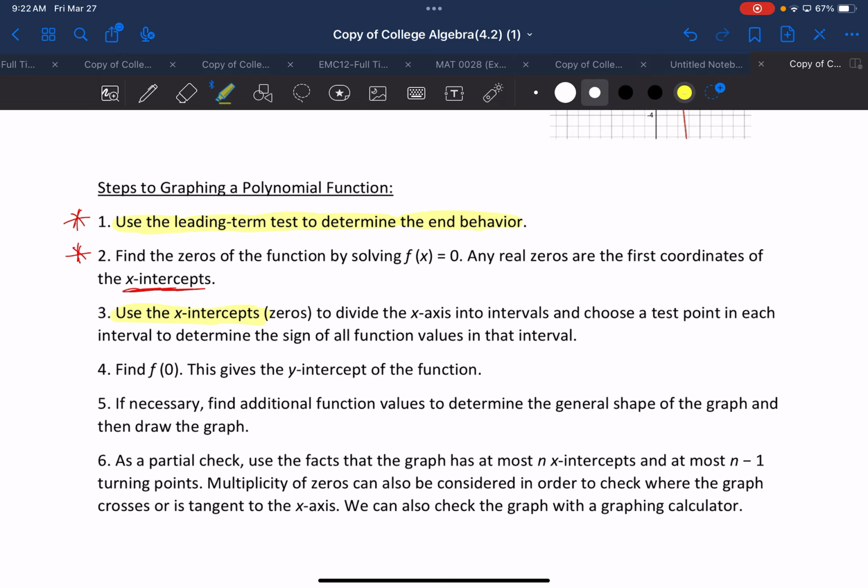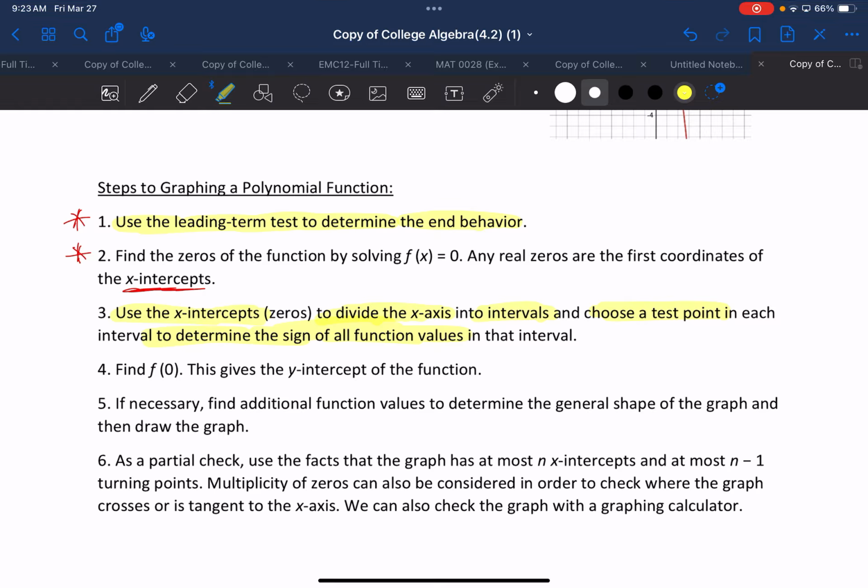But this says to use the x-intercepts to divide the x-axis into intervals and then choose test points, so x values that are between those intercepts, to determine the sign of the function values in that interval, or more specifically, it really shows you an actual point in that interval that you can graph.